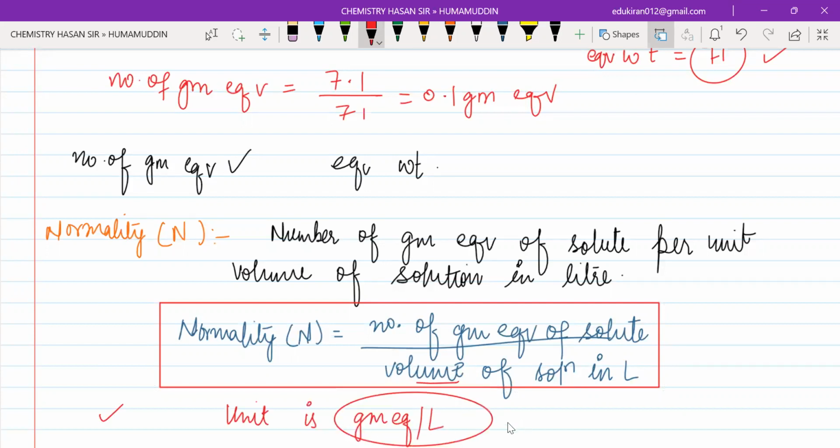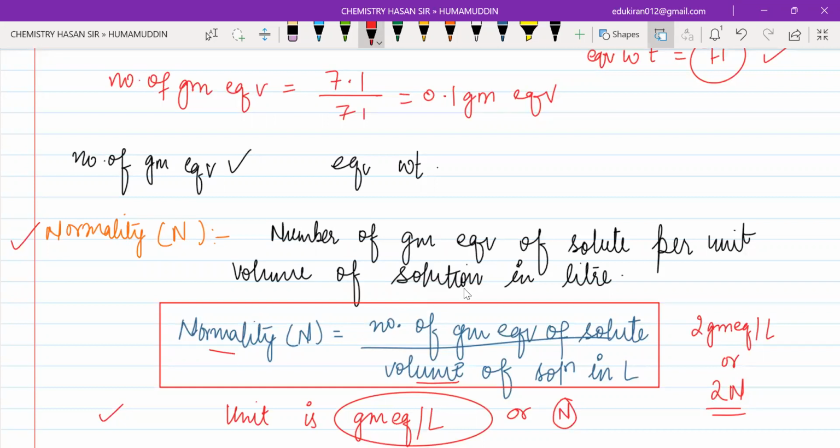So either you can write gram equivalent per liter, or you can directly write capital N. Like if you have got 2 gram equivalent per liter, you can directly write 2N here. Is that clear? Please do write it.